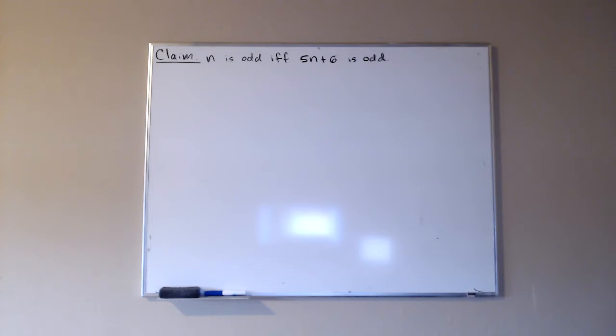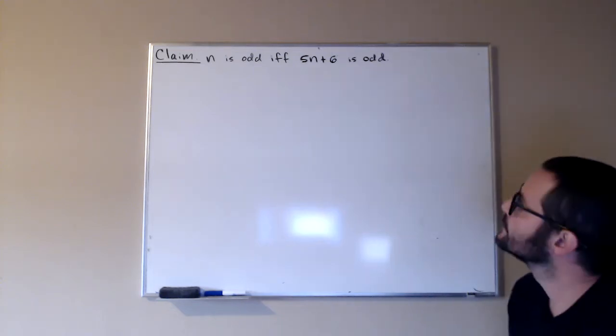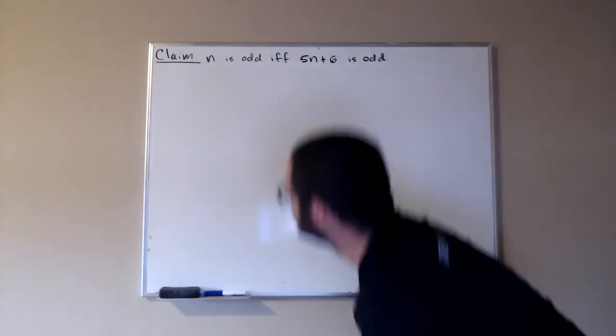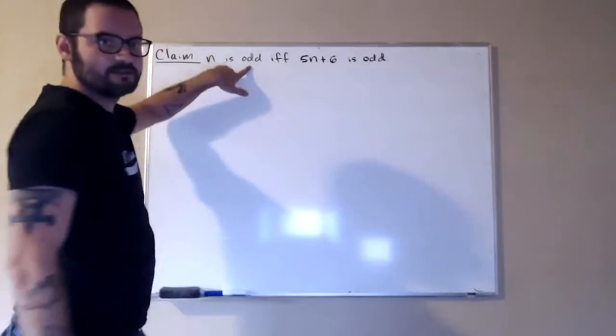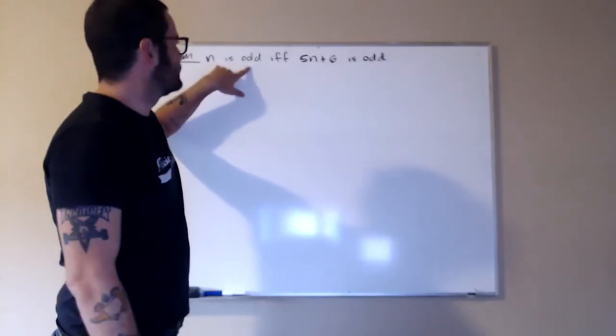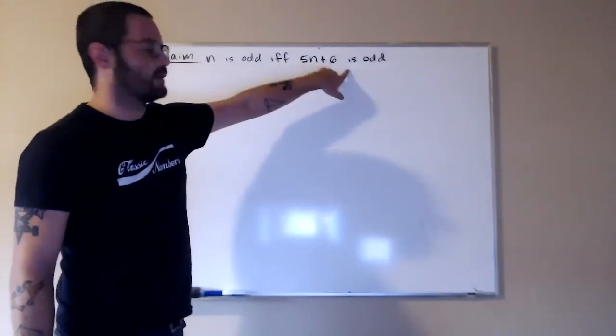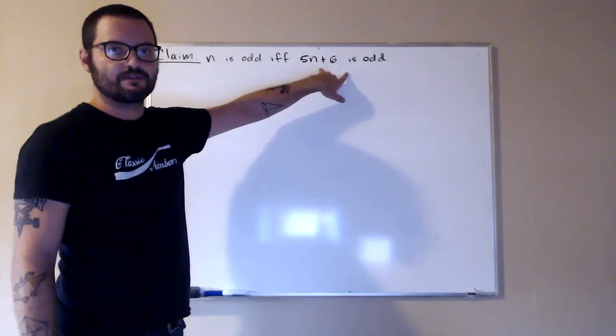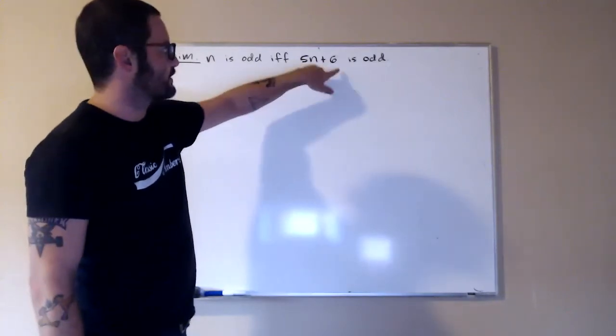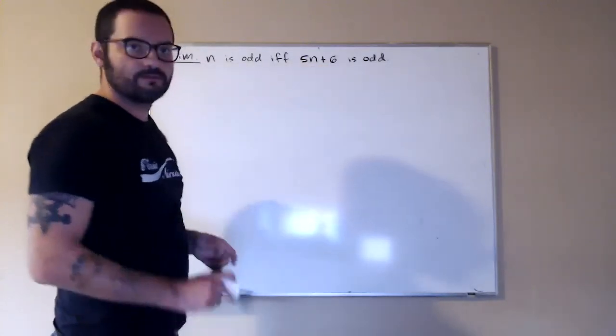Okay? So there's two directions to prove here. It's a biconditional statement. So the first direction is going to be assuming n is odd, and that implies 5n plus 6 is odd. The second direction is 5n plus 6 is odd, implies n is odd.